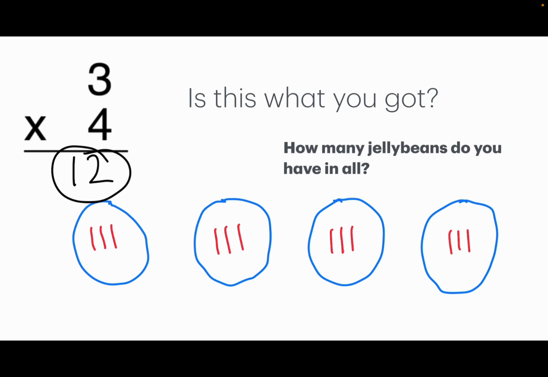Since we've got 4 friends, we drew 4 circles. Since this is multiplication, each friend is giving me 3 jelly beans, so I put 3 marks in each circle. The question is, how many jelly beans do I have now that they have given them to me? The answer is 12 because we add up all the tally marks.